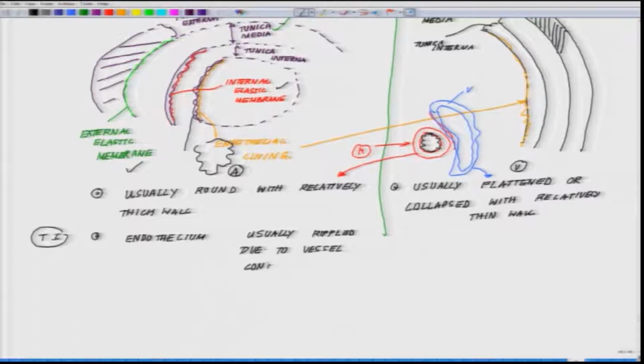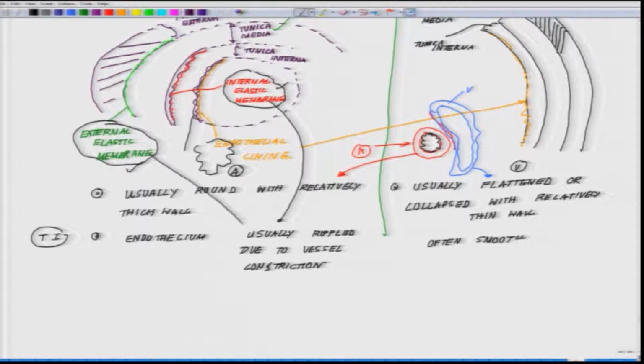Because you have these two, the internal elastic membrane and the external elastic membrane. Whereas in the veins, this is often smooth because you do not have these external and internal elastic membranes.